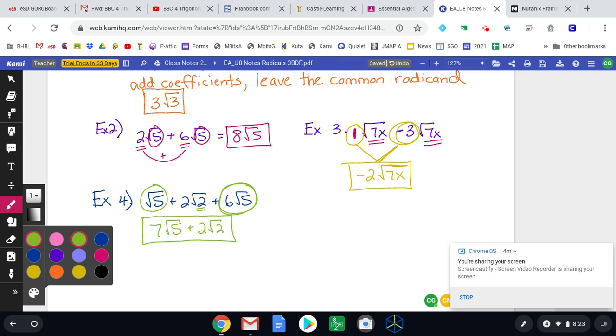So if they don't have a common radical, then I can't combine them.